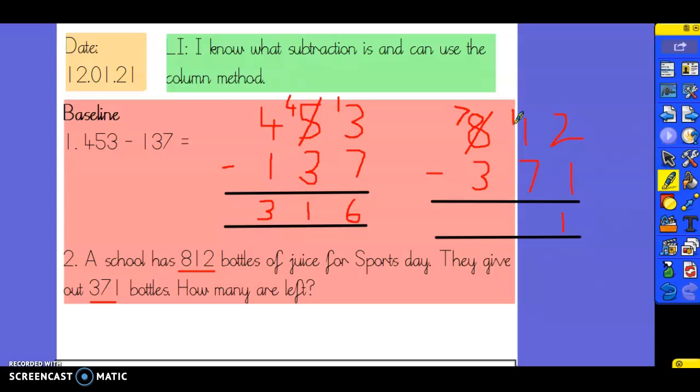We bring 100 over to the tens column, so that now becomes 11. 11 subtract 7 gives us the answer of 4. And 7 take away 3 also gives us the answer of 4. So our total is 441. Well done to those children who got those answers correct.